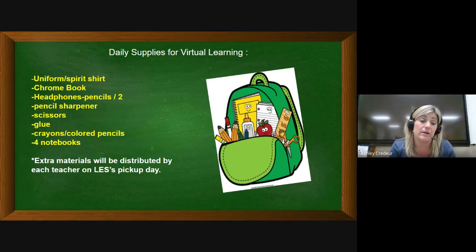Headphones need to be readily available close to the Chromebooks. Pencils, they need two, preferably a pencil sharpener nearby in case those two do not hold up. Scissors, glue, crayons, colored pencils should all be in some type of a zipper pouch very close to the computers at easy reach. Four notebooks, and that will be determined by the teacher how we use those.